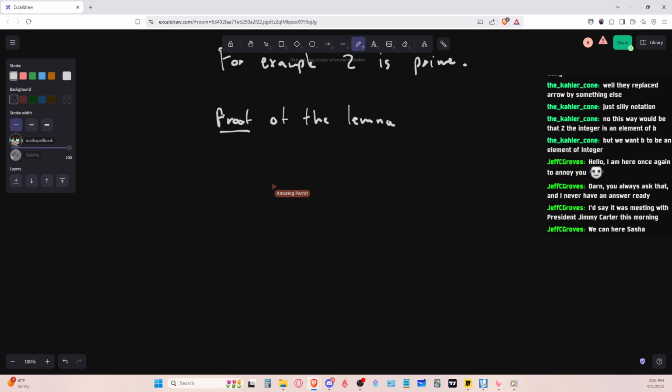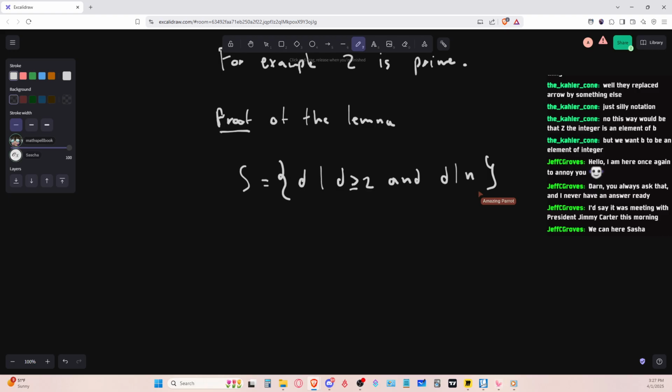Let S be the set of D, which would be a divisor, such that D is greater than or equal to 2, because we don't want 1 to be part of that set, and D divides our natural number.